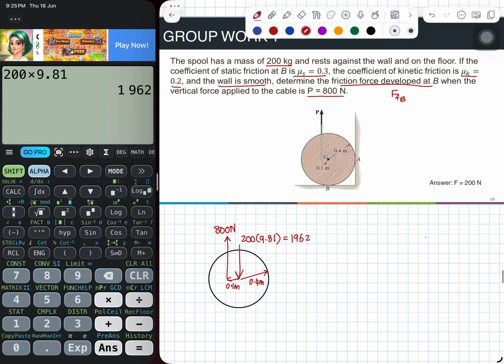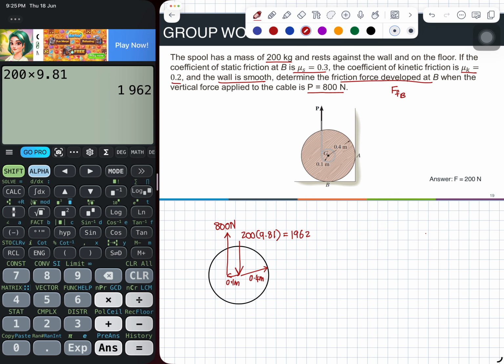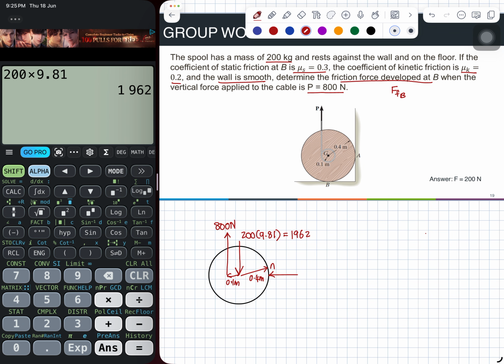At point A, since the wall is smooth, there is no friction at point A, but we still have the normal force at A, while at point B we have the normal force at B, and of course the friction.